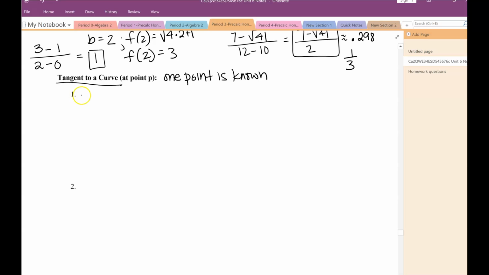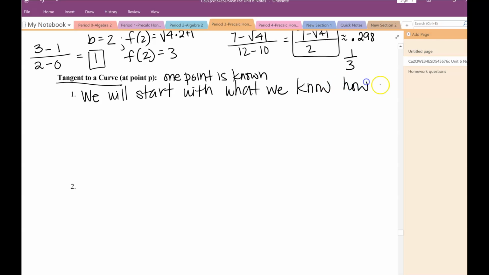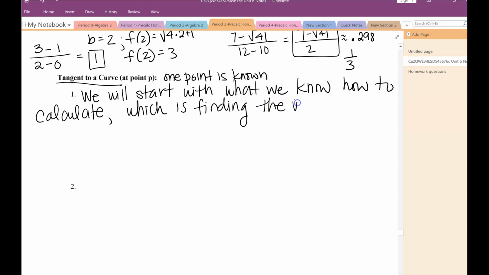First, we will start with what we know how to calculate, which is finding the average rate of change, which is the slope of a secant line.